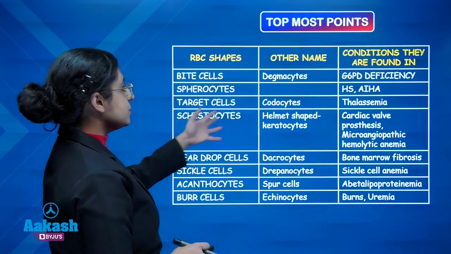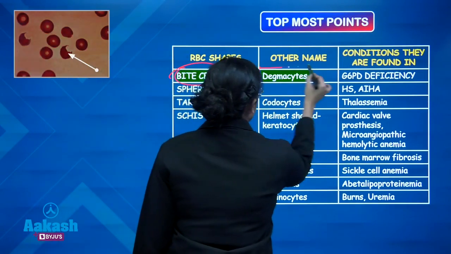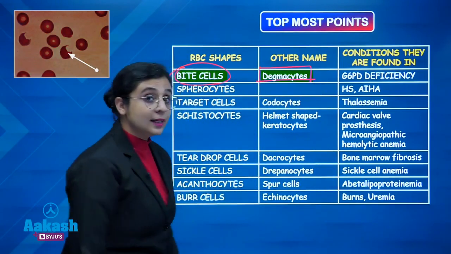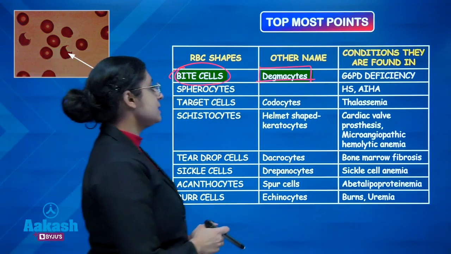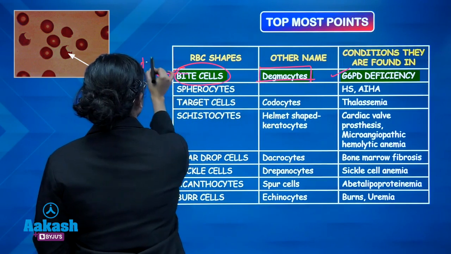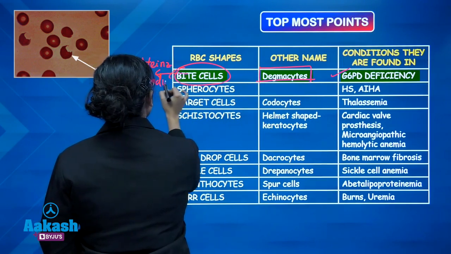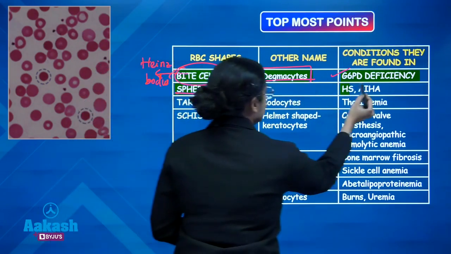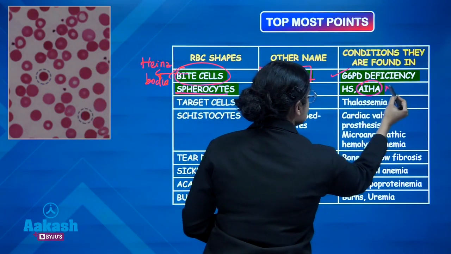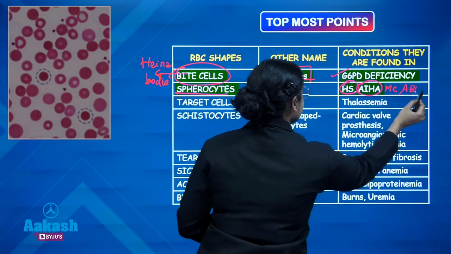So topmost point, students, we will quickly revise. Bite cells, also called degmacytes. Nowadays they are also asking the other name for the variation in the shape of the RBCs found in G6PD deficiency, and any RBC inclusion you can remember, Heinz body, seen or better appreciated on the supravital stain. Spherocytes are found in autoimmune hemolytic anemia, most common cause, and hereditary spherocytosis, ABO incompatibility.